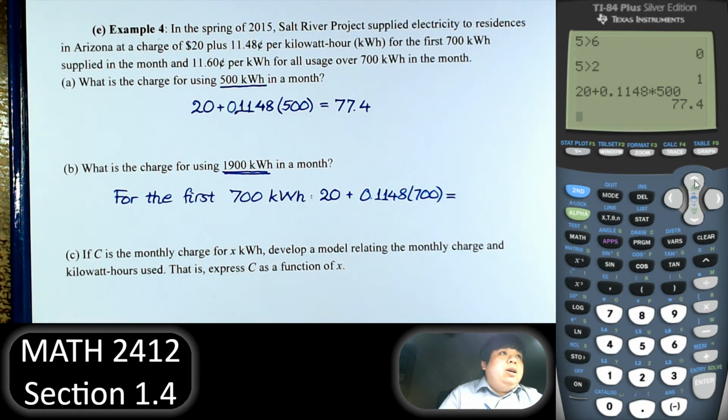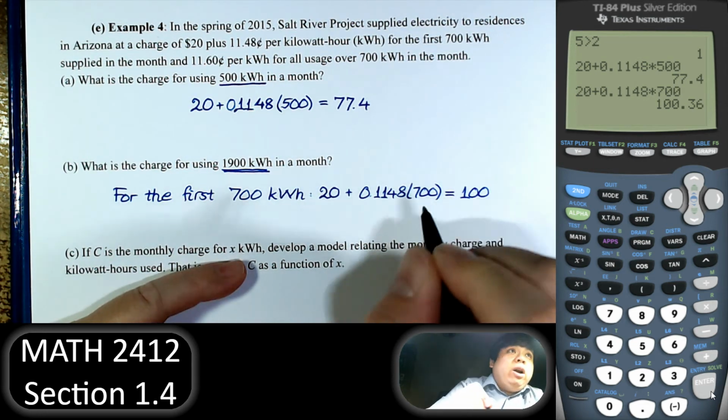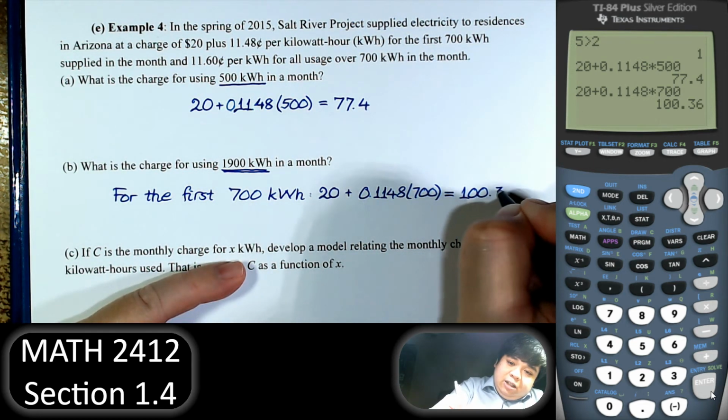So yeah, I have that already. Just hit enter and change to 7. Right, $100 and 36 cents.